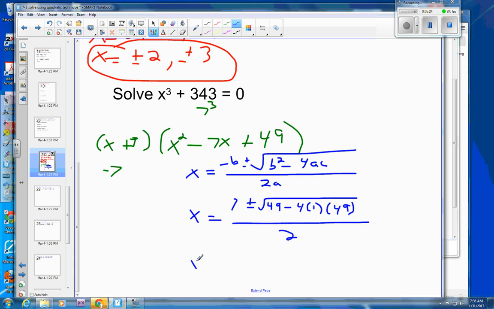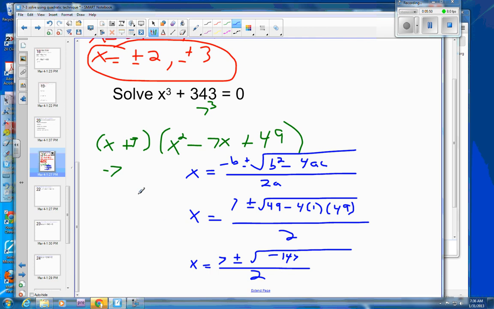So we get x equals 7 plus or minus the square root. Whenever I plug this all into a calculator, 49 minus 4 times 1 times 49, I get a negative 147 here. Again, all that's over 2.